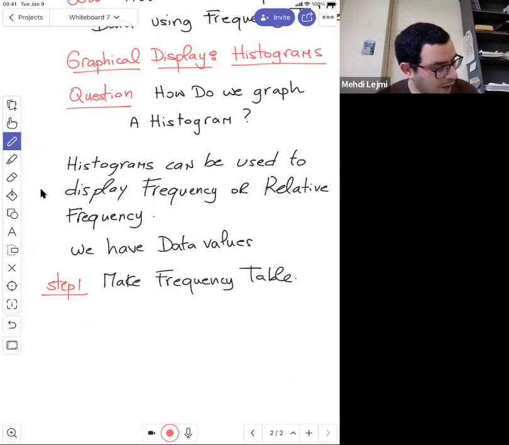Now, in the histogram, we're going to have two axes. So step two.